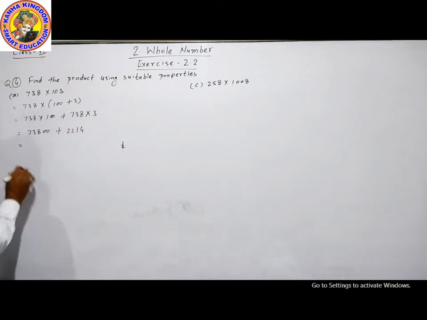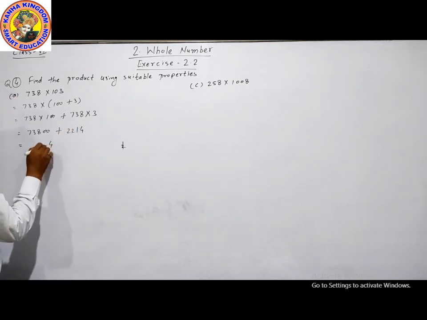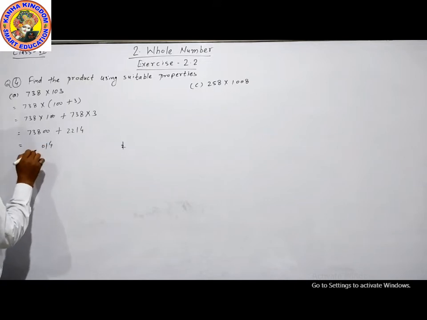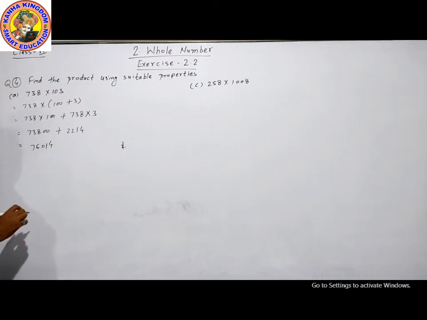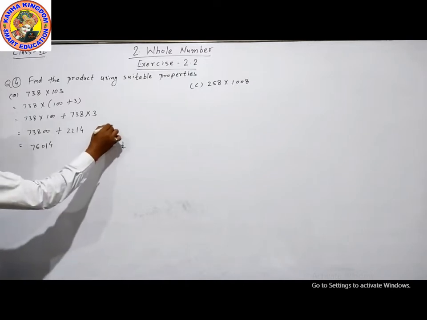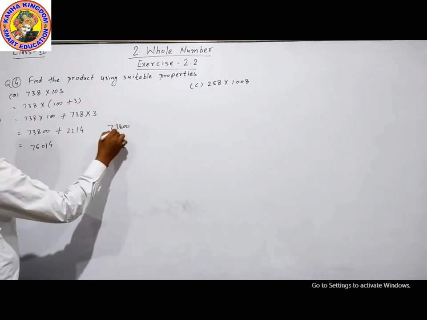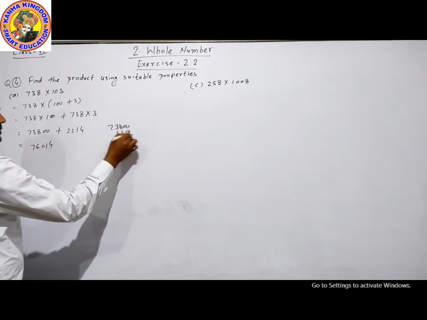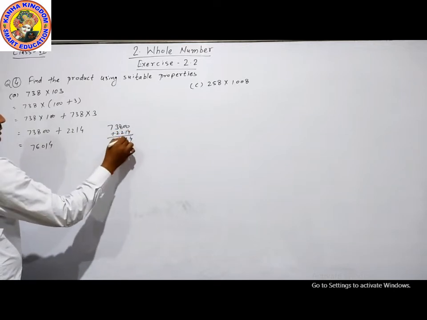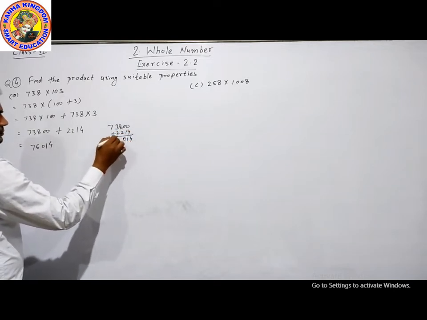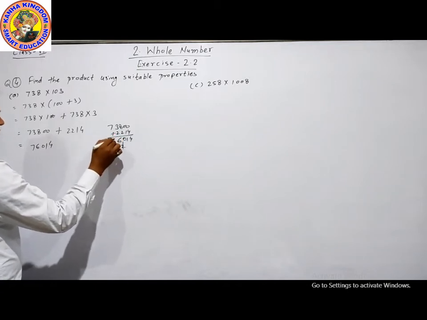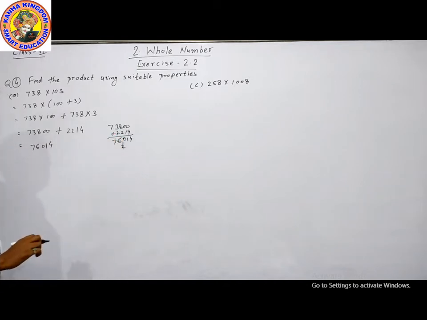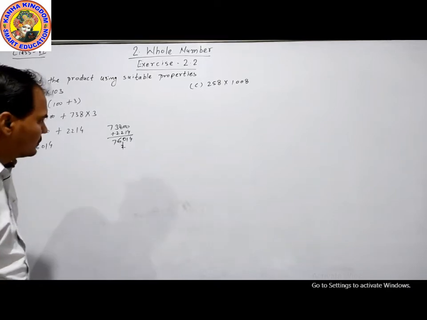Now adding these numbers: 73800 and 2214. 41067. This is our answer.